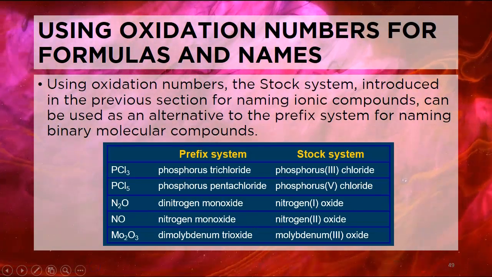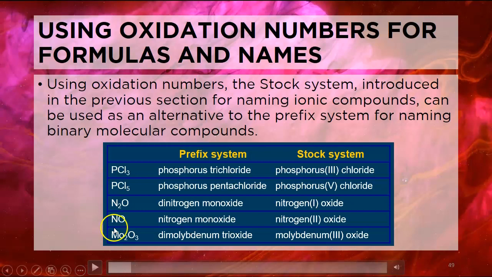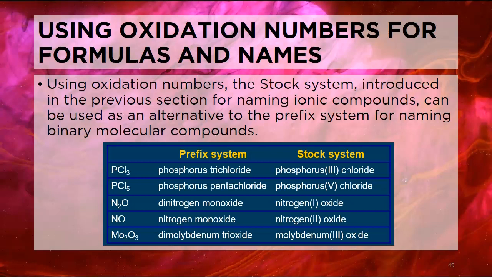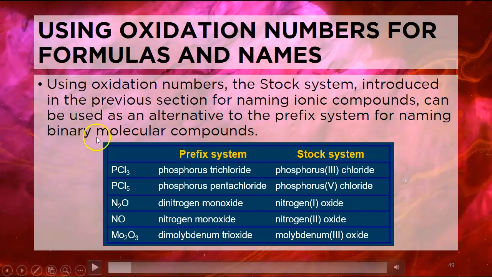So like I said, we can also look at an alternative way to name covalent compounds. I still prefer the old prefix system, but you can use the stock system, how we do with ions, if you know the oxidation numbers. So chlorine would be -1. If I have 3 -1s, it makes sense that the phosphorus would have to be a +3 to balance that out.